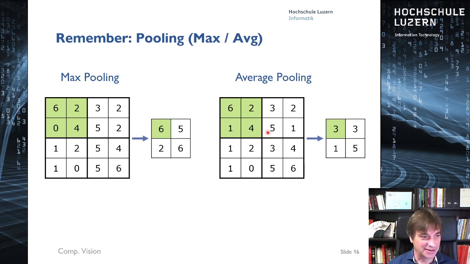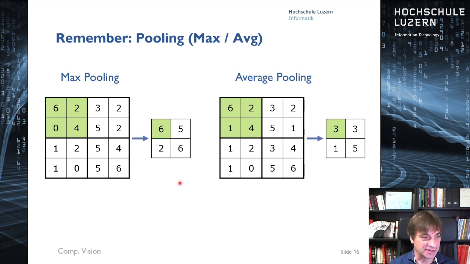So let's go back quickly to how some of those operations work. Let's look at the pooling operation first. For example, a 2x2 max pooling would replace every 2x2 neighborhood with its maximal value.